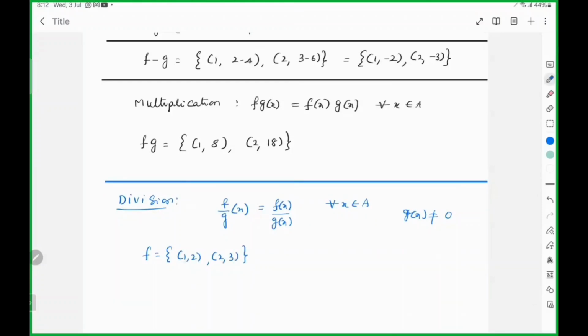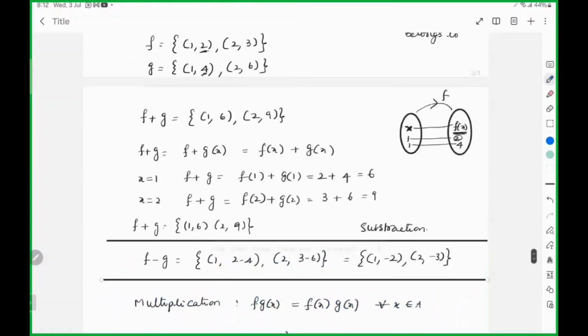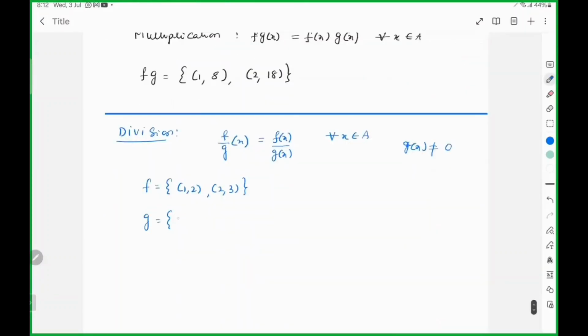These are two different ordered pairs; each ordered pair is one element. g is defined as 1 comma 4, 2 comma 6. f by g means, again, the first element will not change. 2 by 4 is one element of f by g, and 3 by 6.